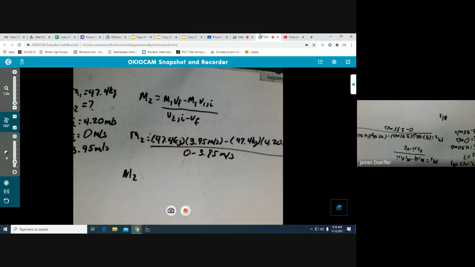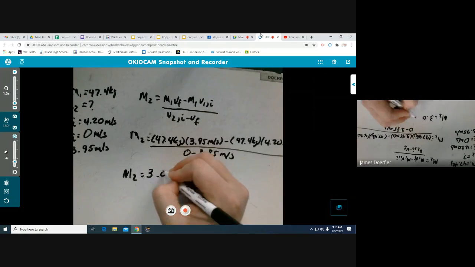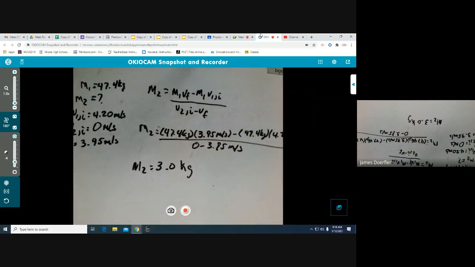So what is the mass of the skateboard? 3.0 kilograms. Anyway, so that's the mass of the second object.